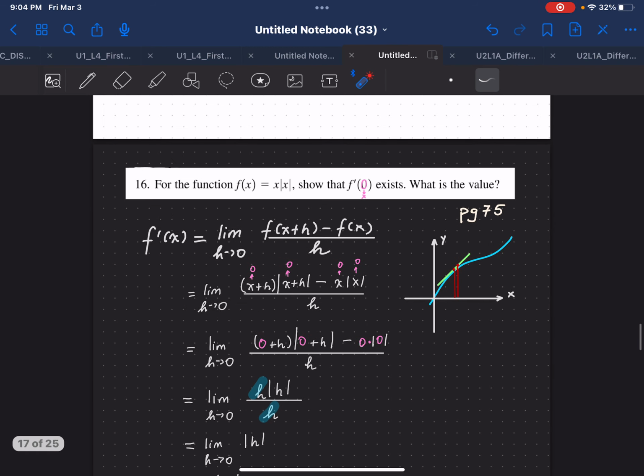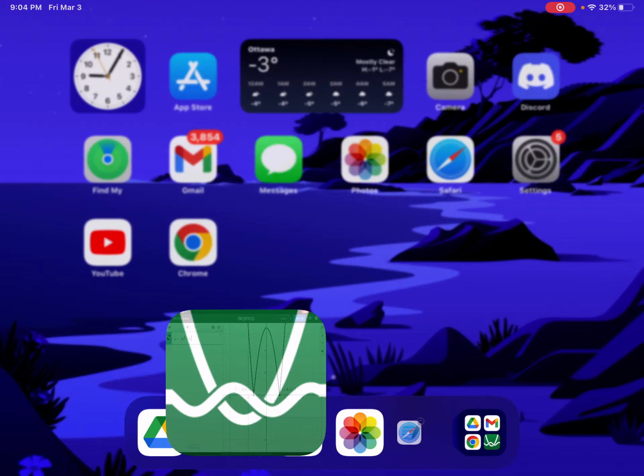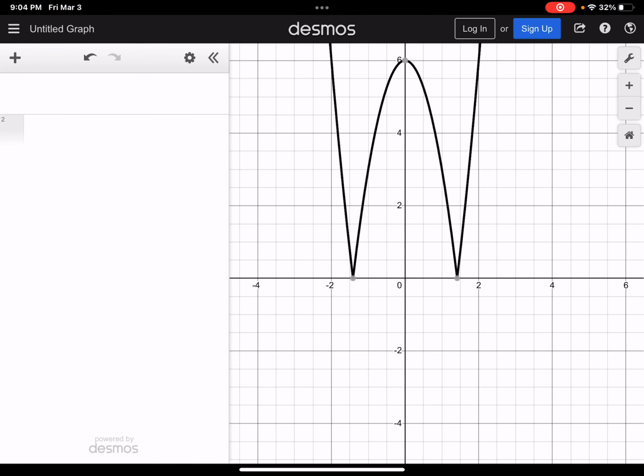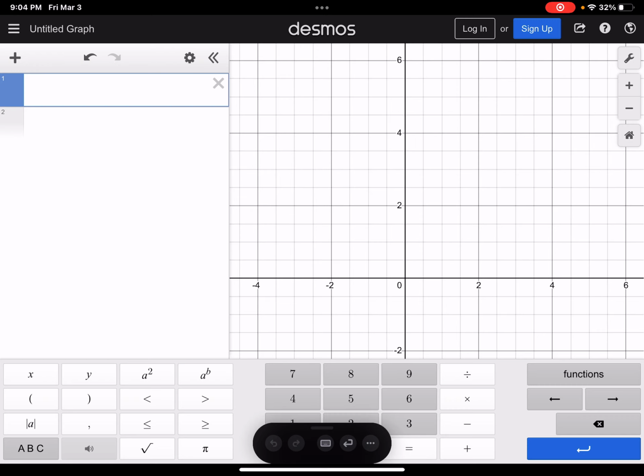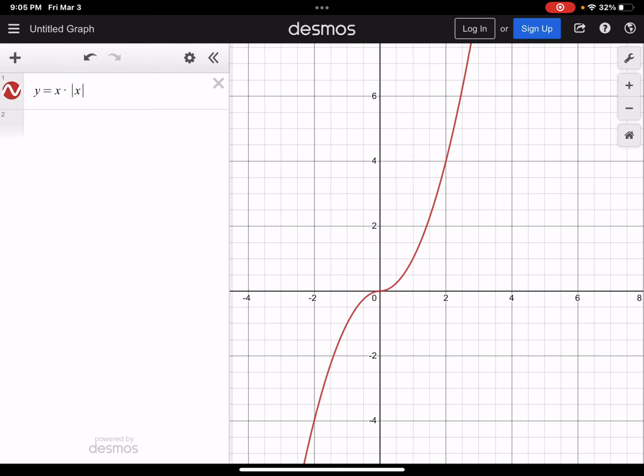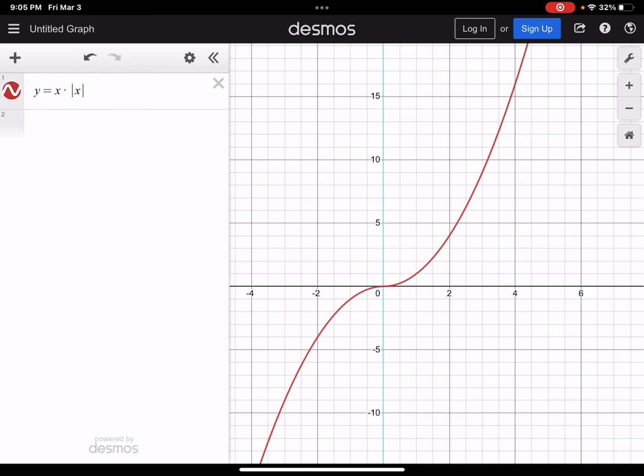Now you're probably curious and you want to see what the graph of the function looks like, and you can always check your answers with Desmos. So let's write the equation. So we have y equals x multiplied by the absolute value of x. And let's take a look at the graph of this function. I'm just going to squeeze this a little bit so we can see it better.